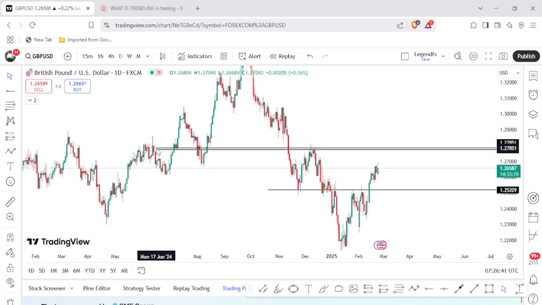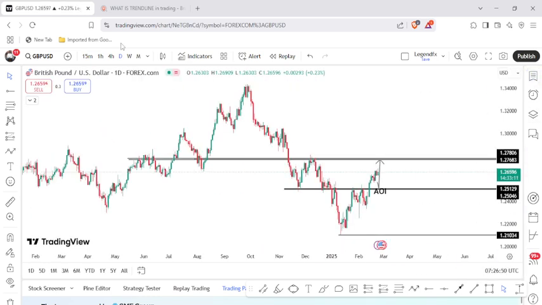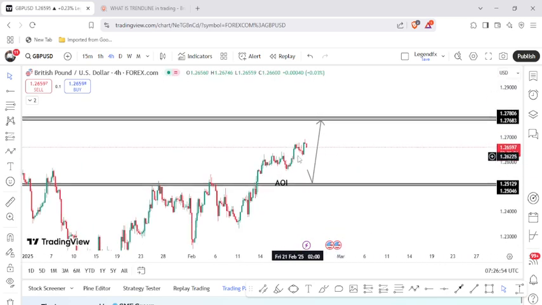Okay, you can see ideally what I was waiting for initially. Let me go back and show you my real analysis. Ideally, what I was waiting for is for this to come back here, so that I can take a quick buy to this particular weekly zone.